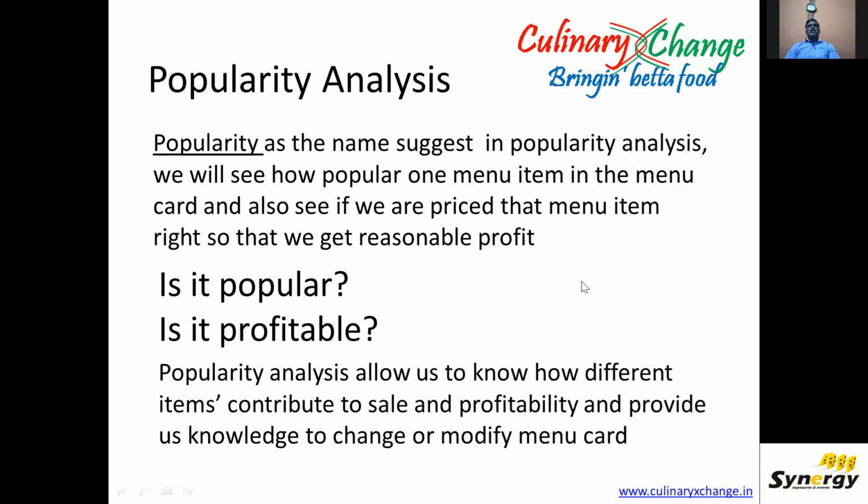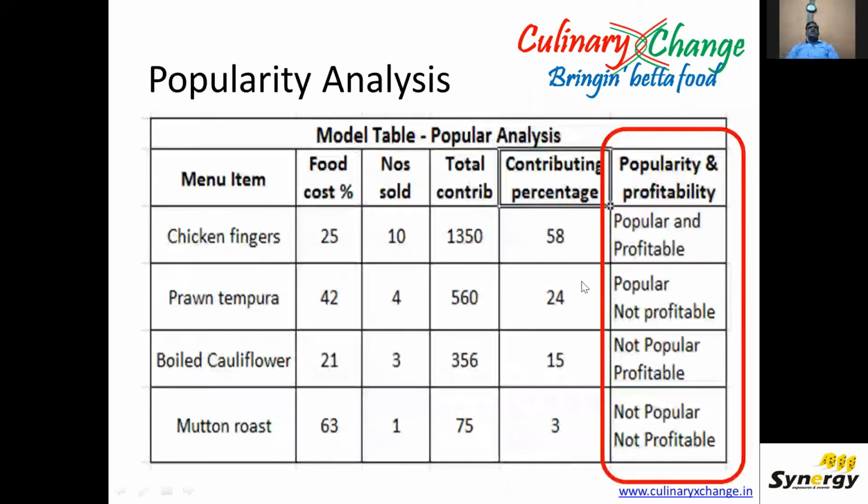During popularity analysis, we ask a few questions on each menu item. They are, is it popular and is it profitable? Let us see a sample table here with the same 4 menu items. Chicken finger, we see, is it popular? It is popular because its contributing percentage is 58%.